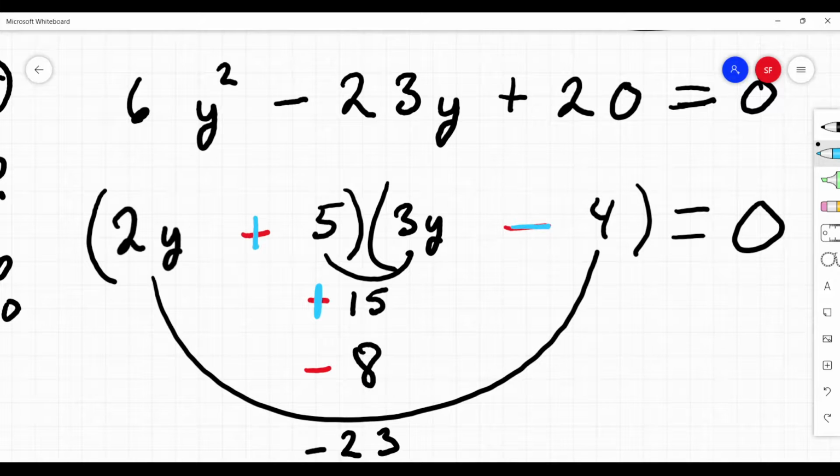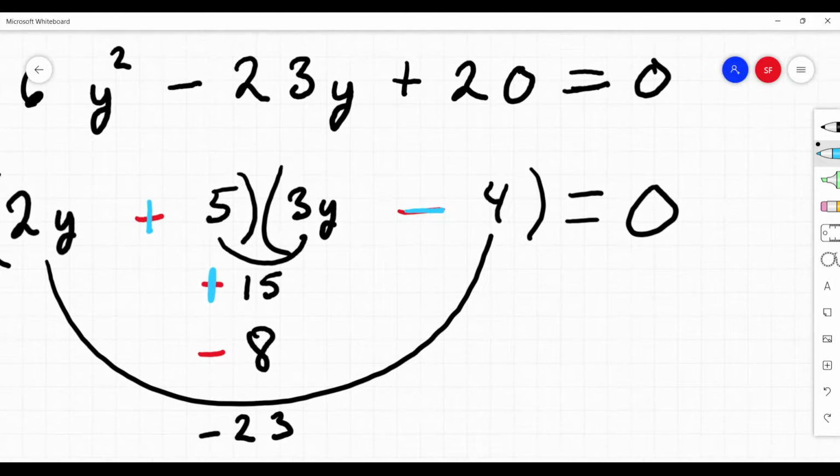So you're following the smiley face to get the signs and where they go. Because positive 5 times 3 would be positive 15, and negative 4 times 2 would be negative 8, right?